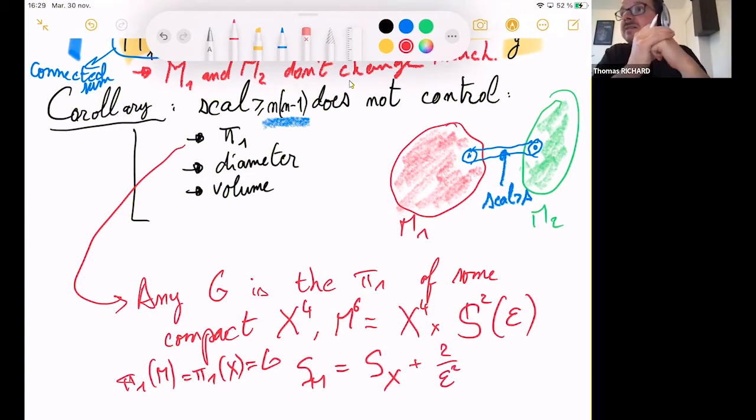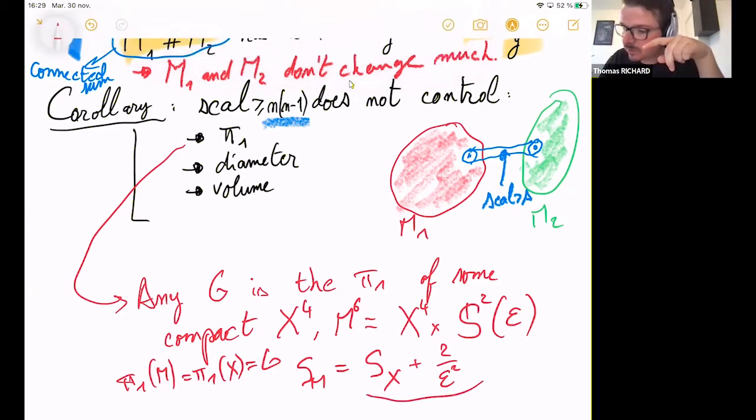Since X is compact, you can make this scalar curvature as big as you want, as long as you take a small enough sphere for the second factor. So you cannot get control on the fundamental group from a lower bound on the scalar curvature, whereas for Ricci curvature, we knew that the fundamental group was finite. So this is not that great.